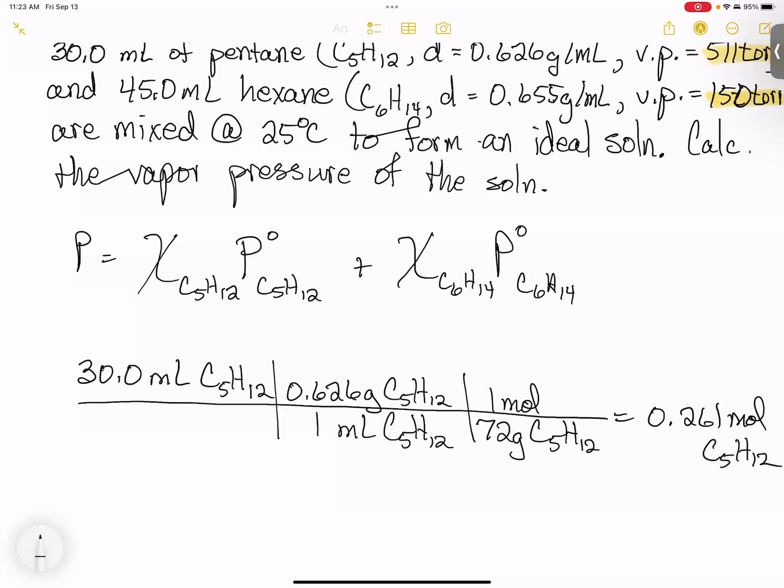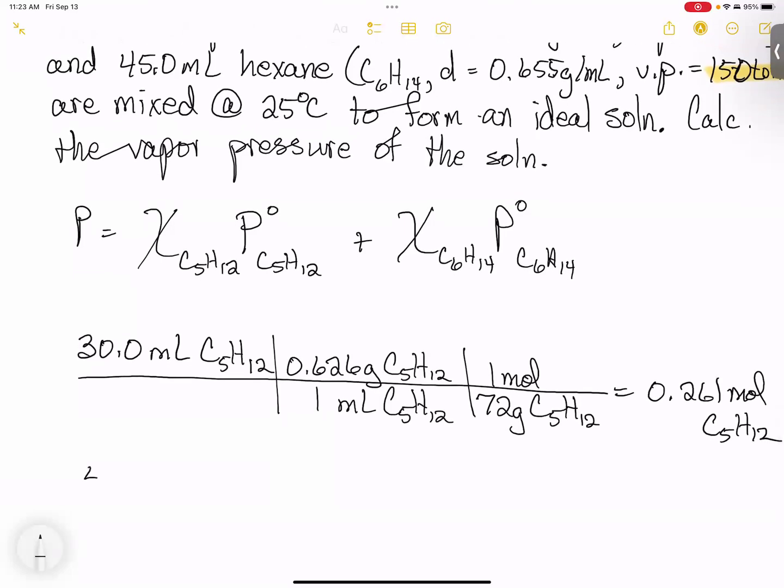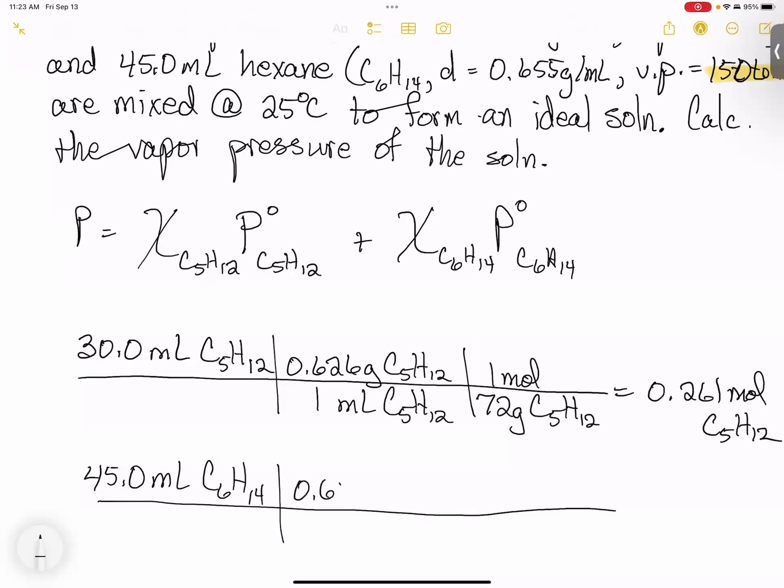You need to do the same thing for your hexane. We were given 45.0 milliliters of hexane, which is C6H14. Using our density, we can get that into grams, so 0.655 grams of hexane per 1 milliliter of hexane.